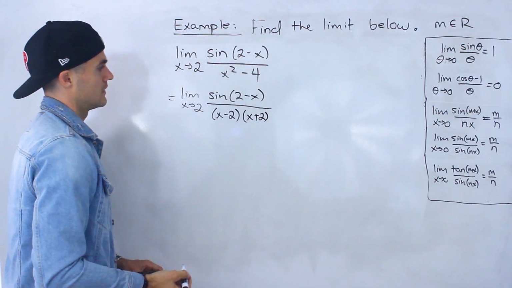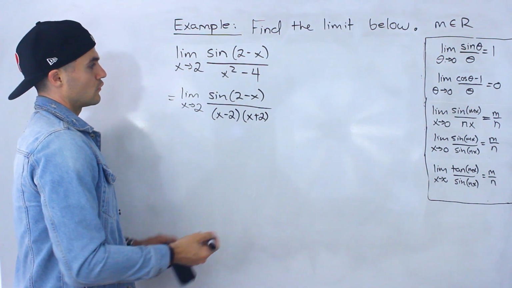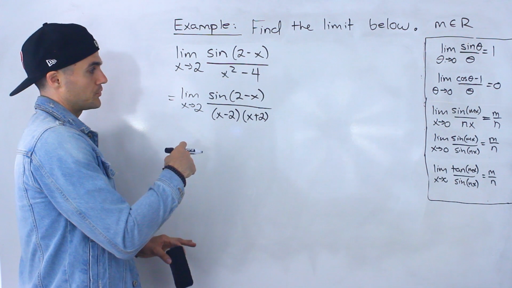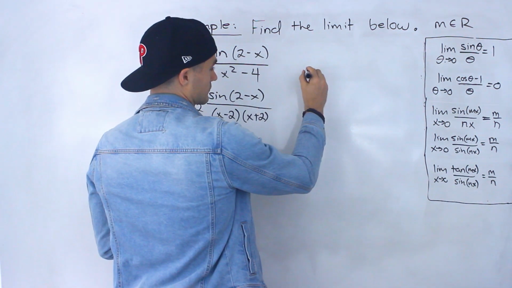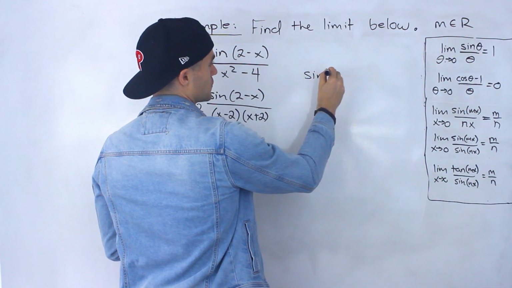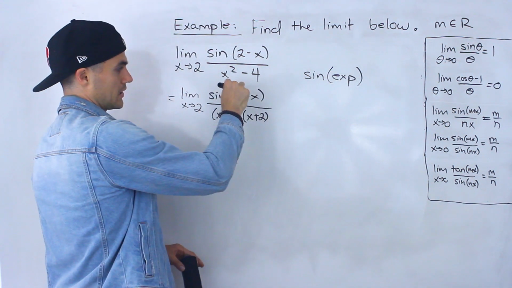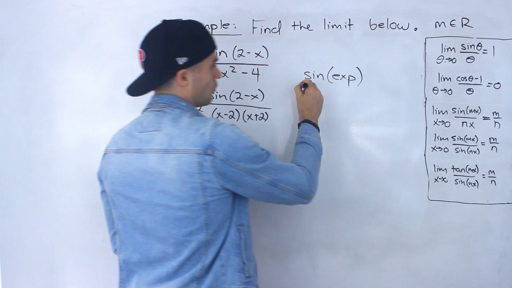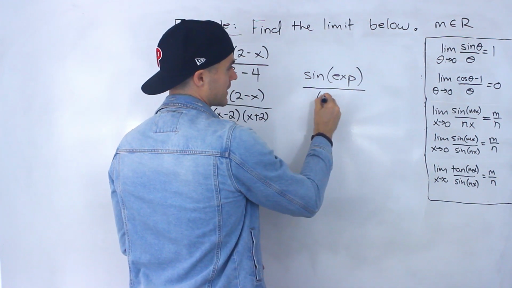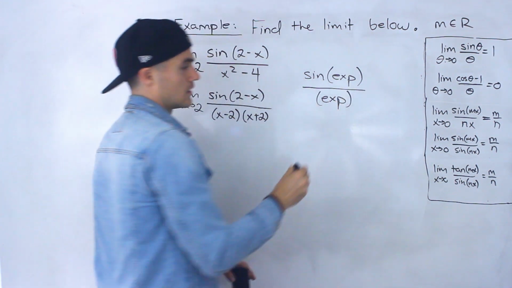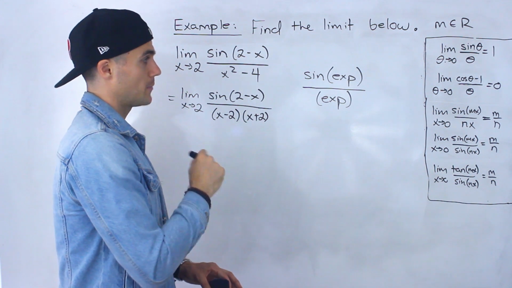Now, in the previous examples, a lot of times we'll have sine of an expression up here in the numerator, and what we want to try to get is that same expression in the denominator.